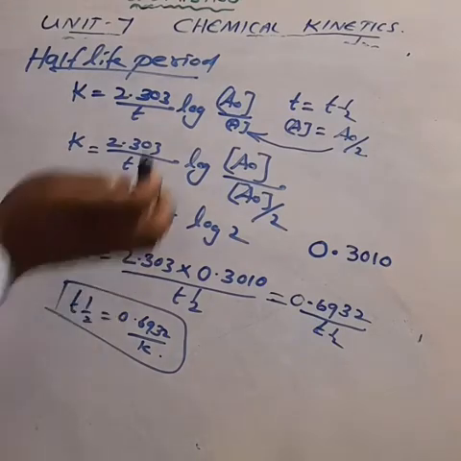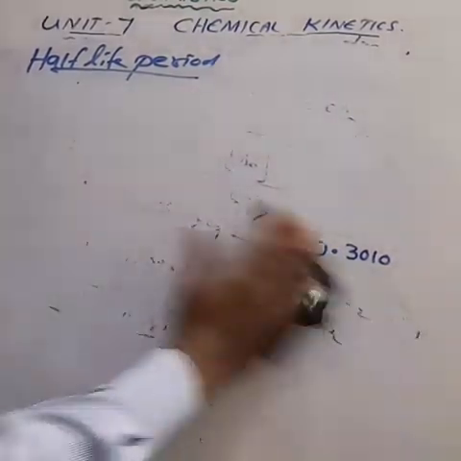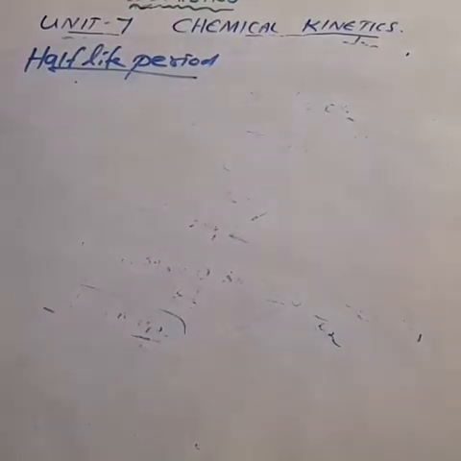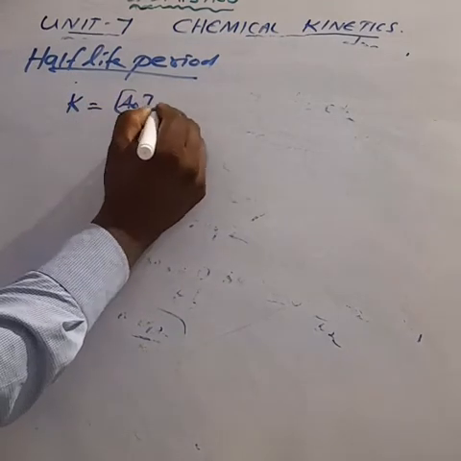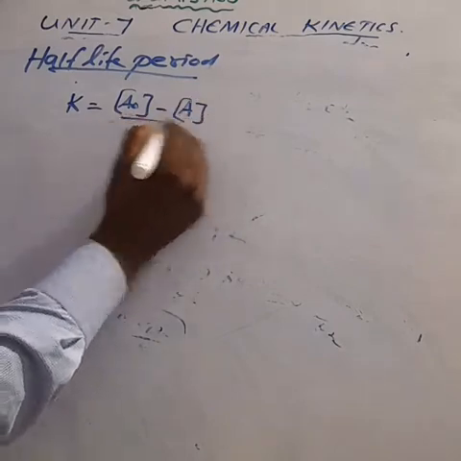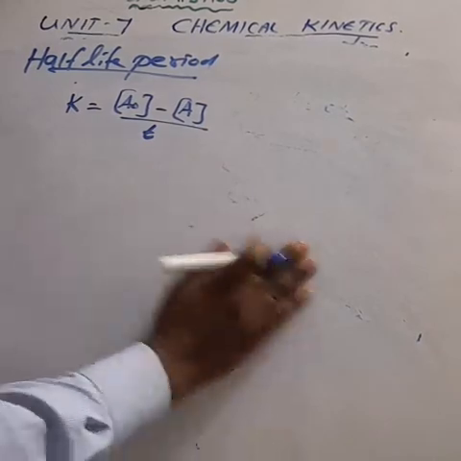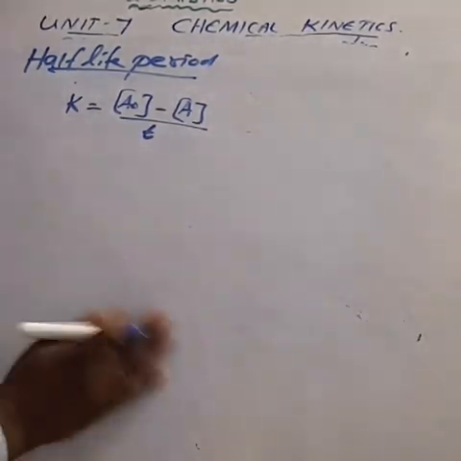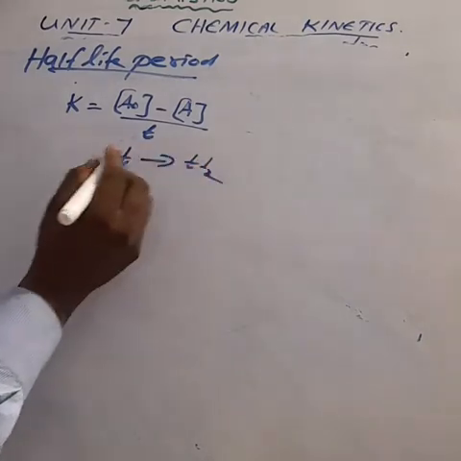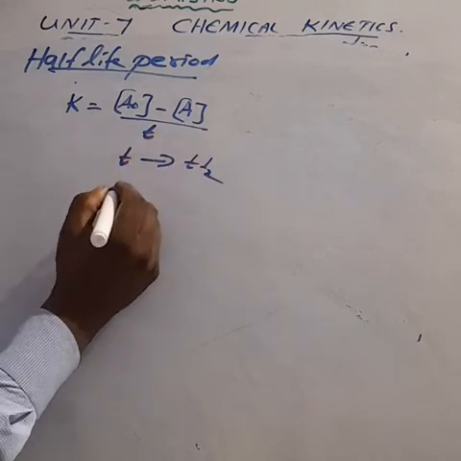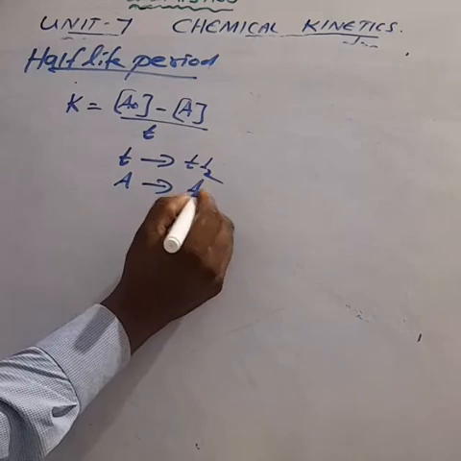The rate constant K can be written as concentration of A naught minus concentration of A, divided by T. Here, T is equal to T half, and the concentration of A is equal to A naught divided by 2.